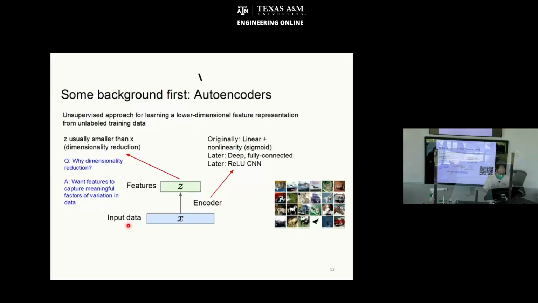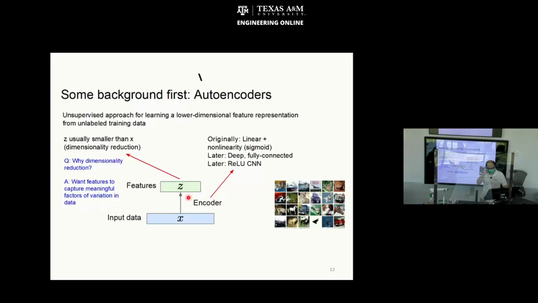Okay, so we have an encoder that goes from the input X to the hidden features, or hidden vectors. Let's call it Z. This is called the encoder. We have already learned it before in the encoder-decoder.